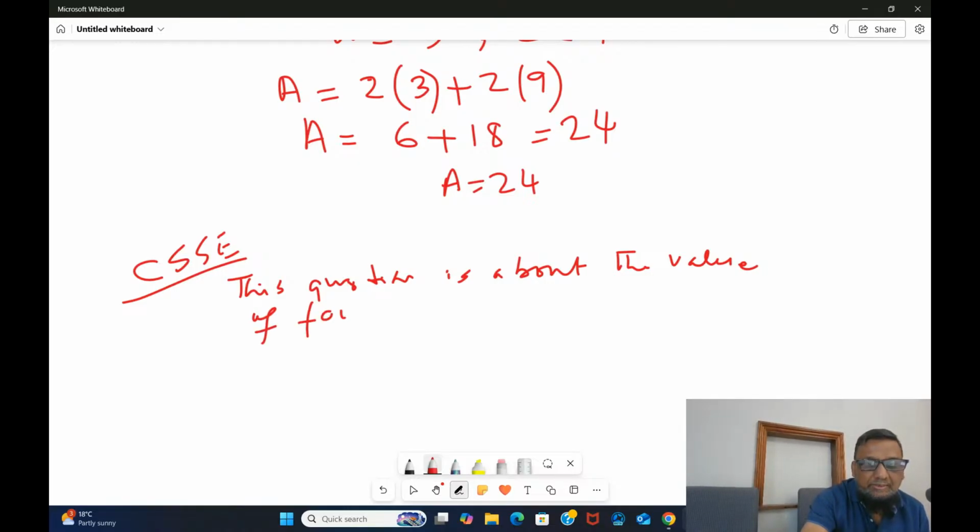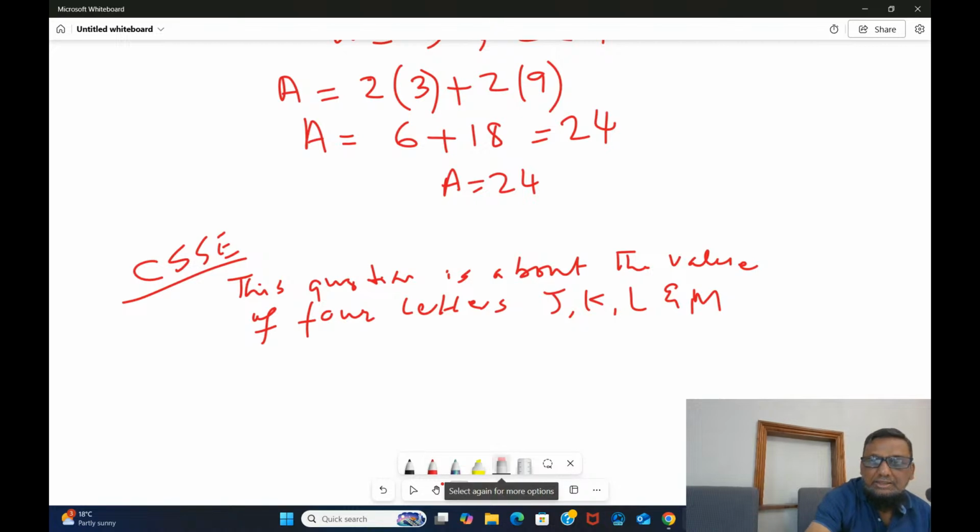The letters are J, K, L, and M. So these are the four letters: J, K, L, and M.